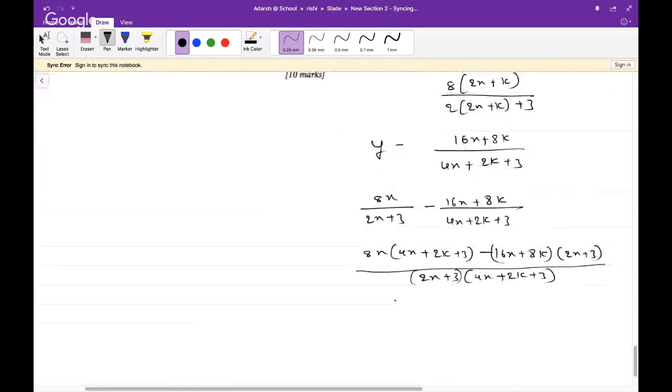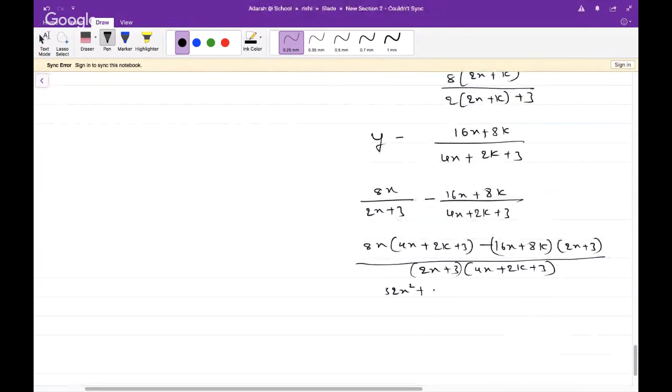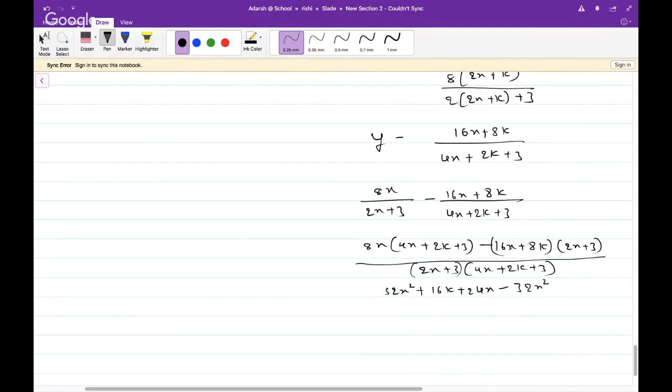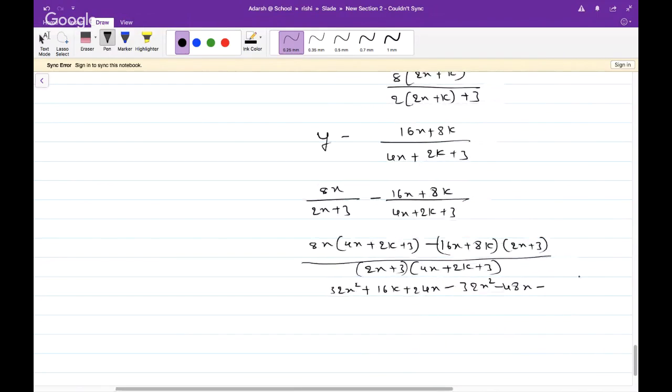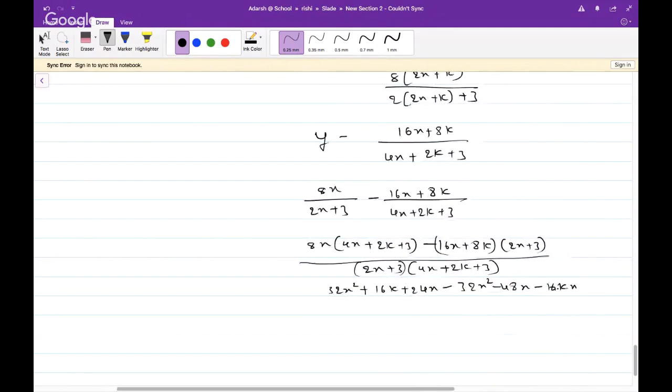So simplify this. You have 32x squared plus 16kx plus 24x minus 16x squared... 32x squared minus 48x minus 16kx minus 24k, and keep the denominator as it is. So let us see if anything gets cancelled. So this x squared and this x squared get cancelled.